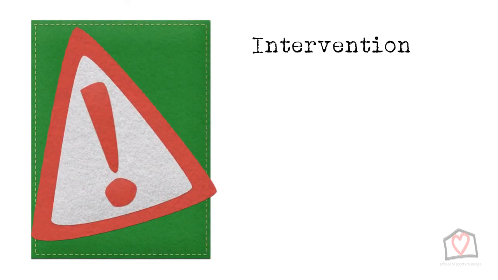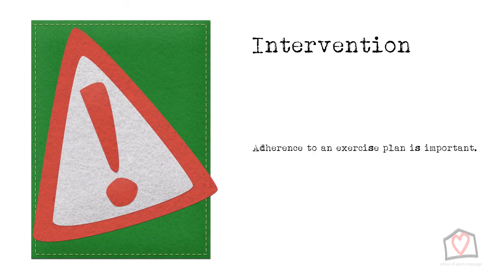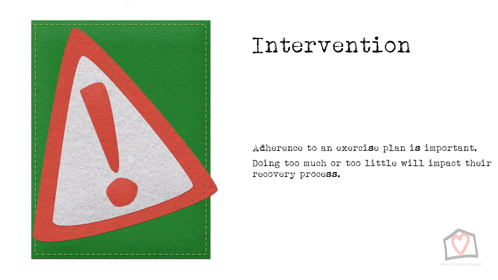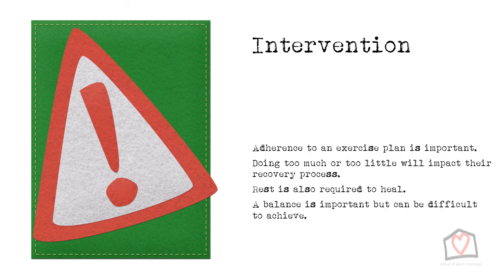On that note, adherence to an exercise plan can be really important. We've already mentioned the importance of active recovery. However, if people do not do enough or do too much, this will impact their recovery process. Rest is also required in order to heal the body, and therefore a balance is really important. This can be very difficult to achieve.